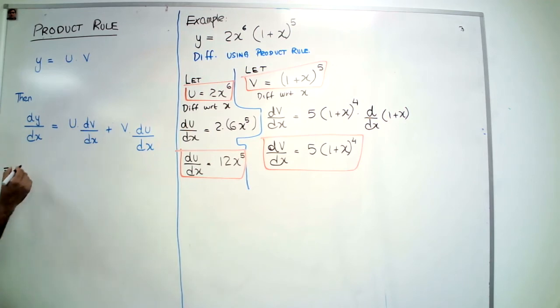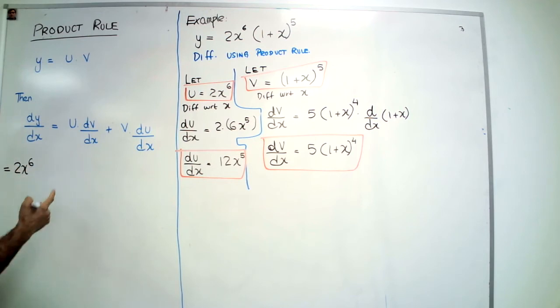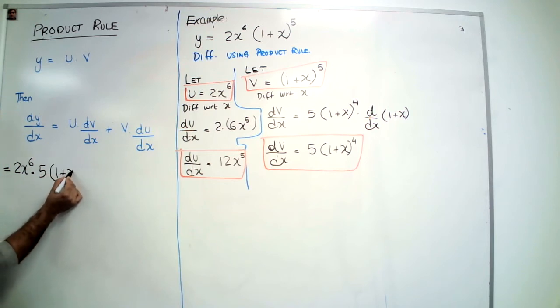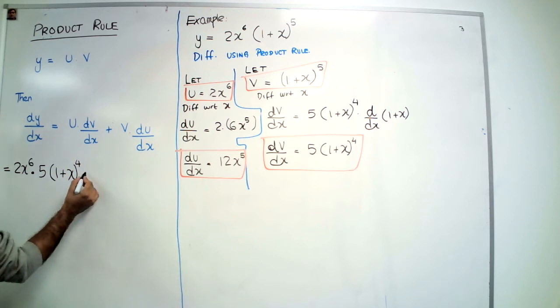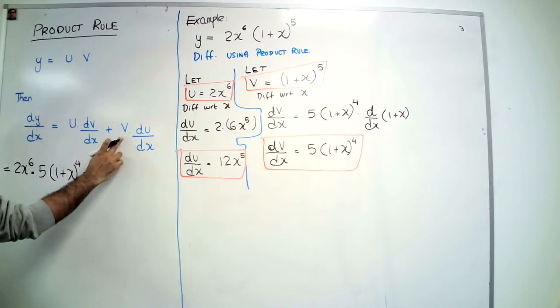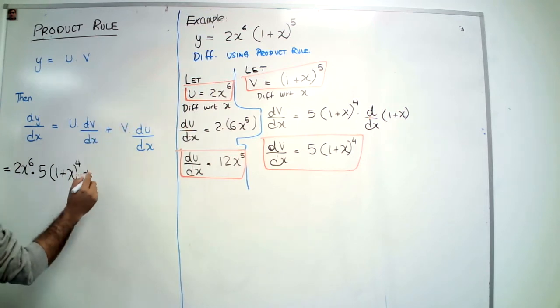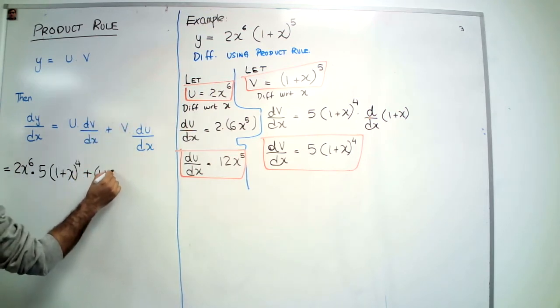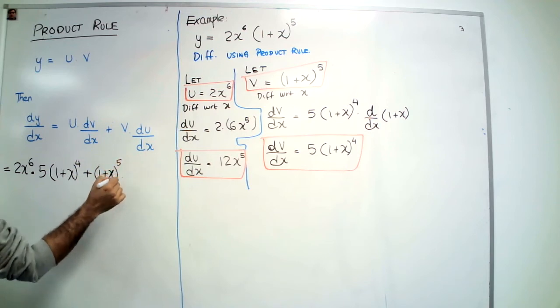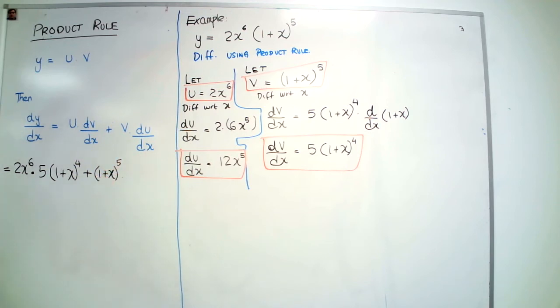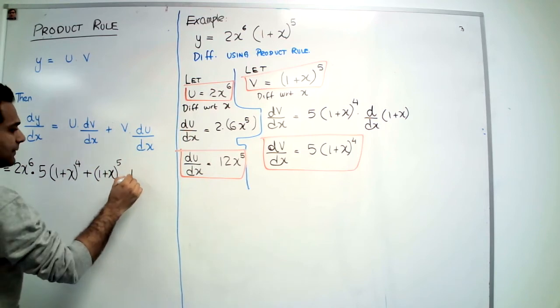So u is 2x to the power 6, and then dv over dx is that thing, so this dot is multiplied, 1 plus x to the power 4. That's that one done. Plus v is 1 plus x to the power 5, and then du over dx is 12x to the power 5.